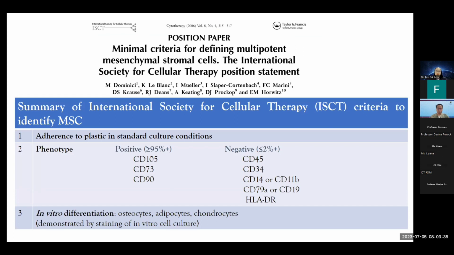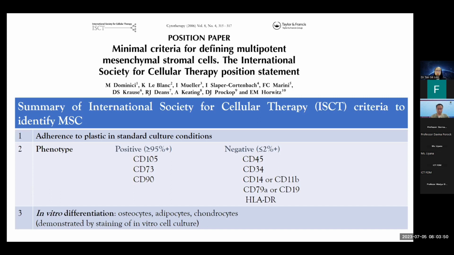This is the position paper published by the International Society for Cellular Therapy, which summarized the minimal criteria for defining mesenchymal stem cells.